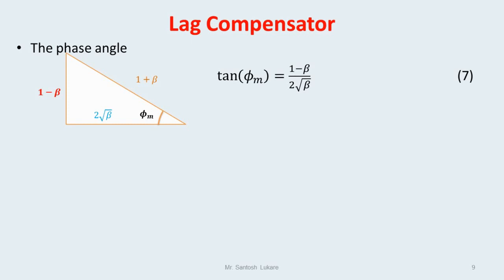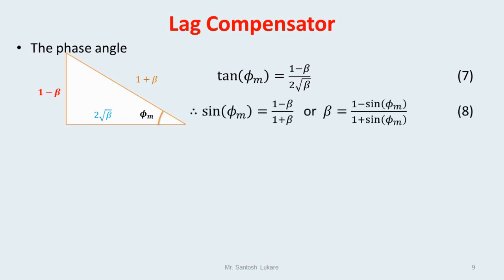So by solving this trigonometry, we can have sin of phi m is equal to 1 minus beta upon 1 plus beta, or for beta we can write beta is equal to 1 minus sin phi m upon 1 plus sin phi m. So this beta is expressed in terms of the maximum phase value, that is phi m, or if we know the value of beta, we can write the maximum phase angle in terms of the sine function, that is sin of phi m is equal to 1 minus beta upon 1 plus beta.